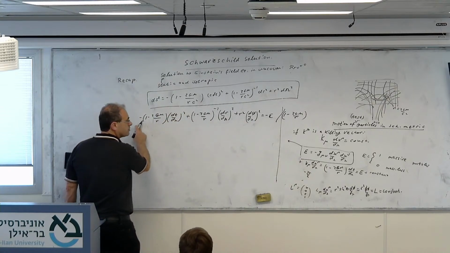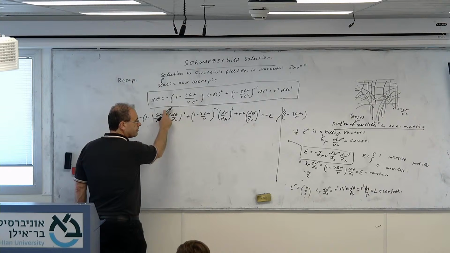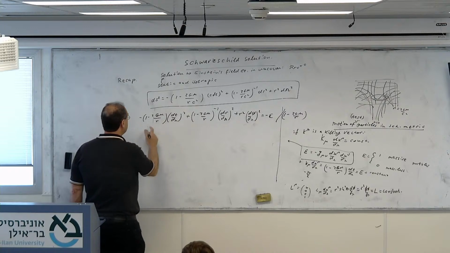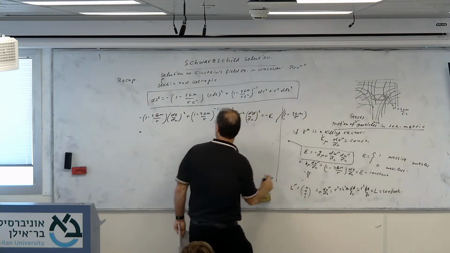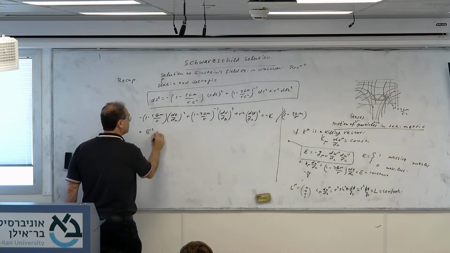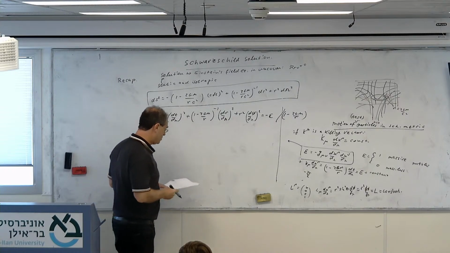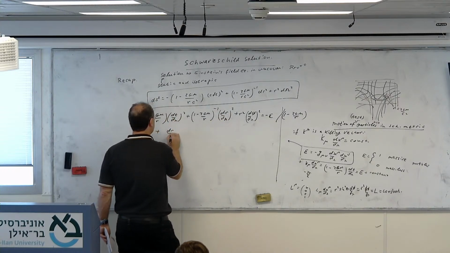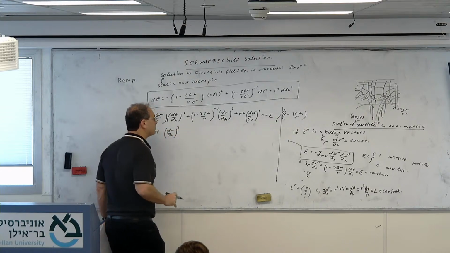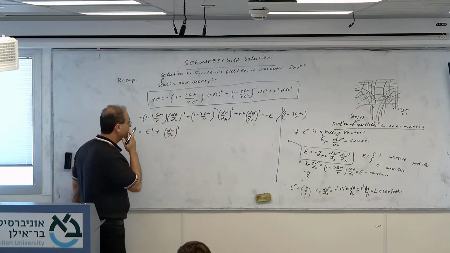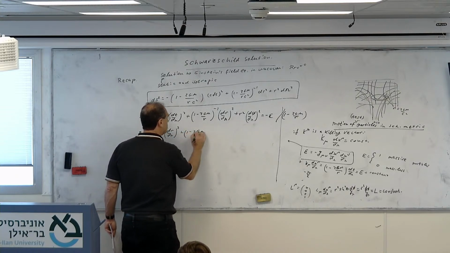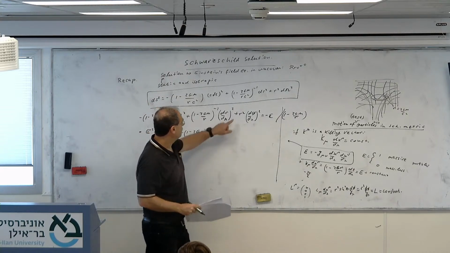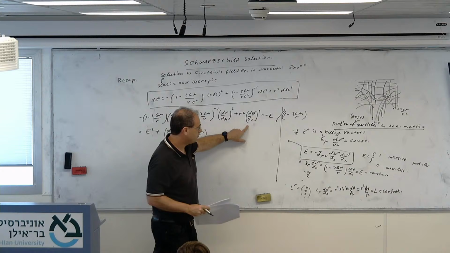So I have here minus (1 minus 2GM over r) squared (dt over d lambda) squared, which is minus E squared, plus, here I just have (dr over d lambda) squared. And here I have plus (1 minus 2GM over r) times r squared (d phi over d lambda) squared.